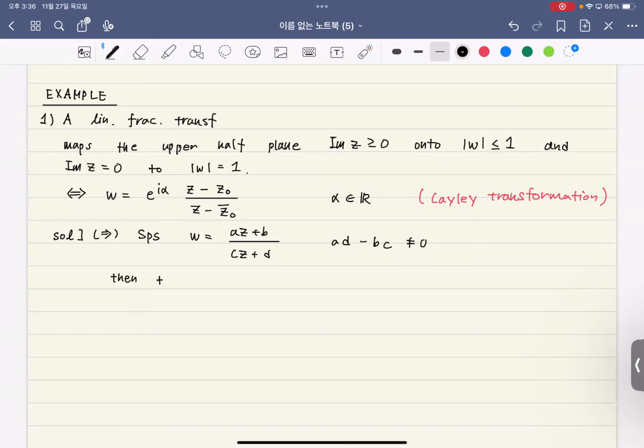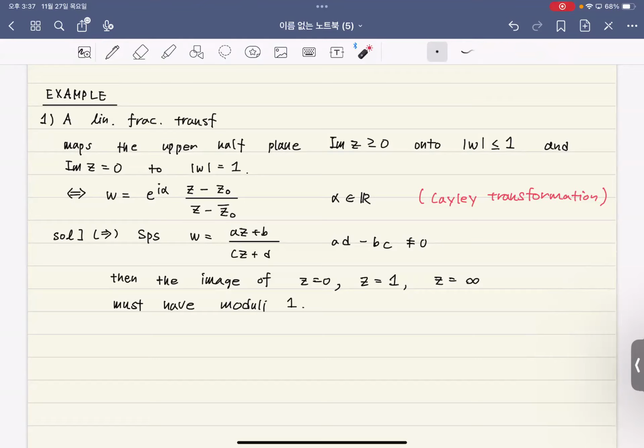I have intentionally chosen these 3 points because they are easiest to compute.